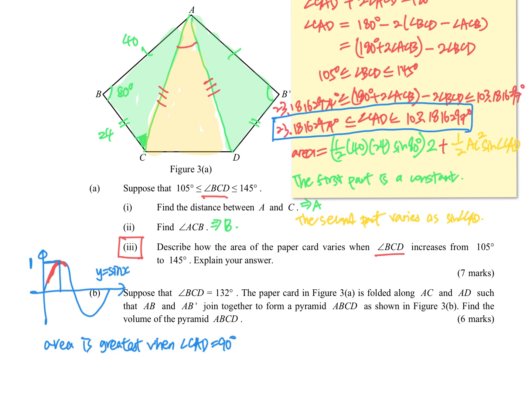This part is 90. Good. So when angle CAD is 90 degrees, angle ACD will be 45, right? Because it's angle CAD, so that would be like this.